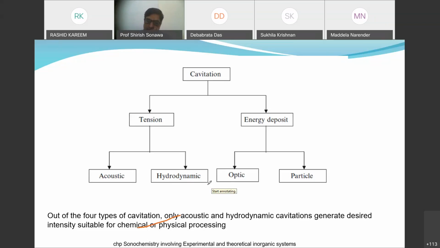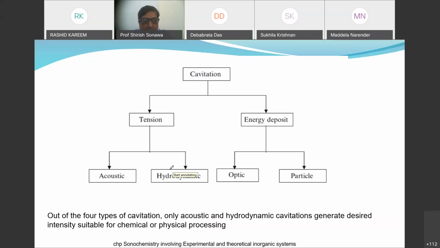One is the chemical effect, in which the acoustic cavitation is helpful. In acoustic cavitation, micro mixing plays a very important role for nanoparticle production. So we can bring out this micro mixing, a physical effect, using acoustic cavitation.